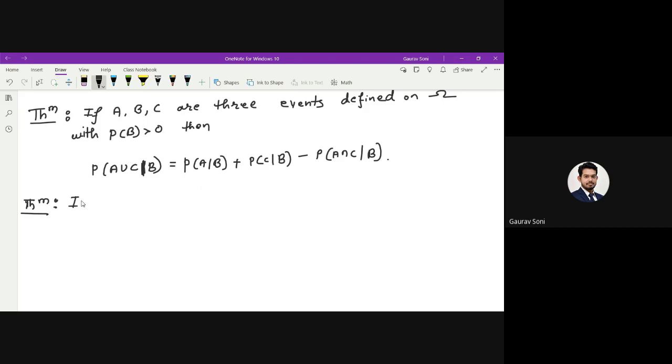Next, if A and B are events defined on sigma, then probability of A complement given B is equal to?